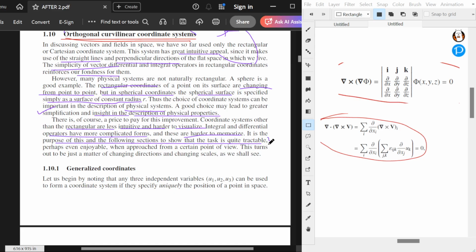I don't know what tractable means. Maybe it means doable. It's quite tractable, perhaps even enjoyable when approached from a certain point of view. This turns out to be just a matter of changing directions and changing scales, as we shall see.